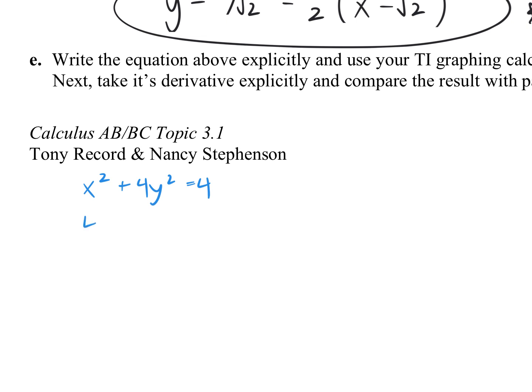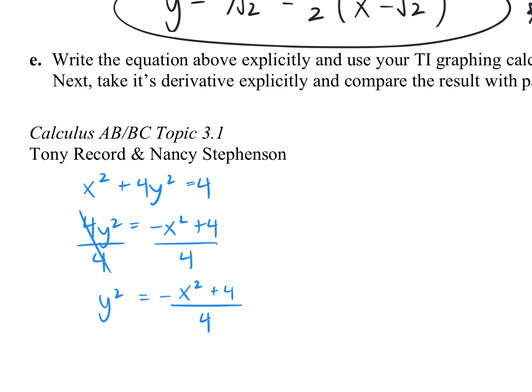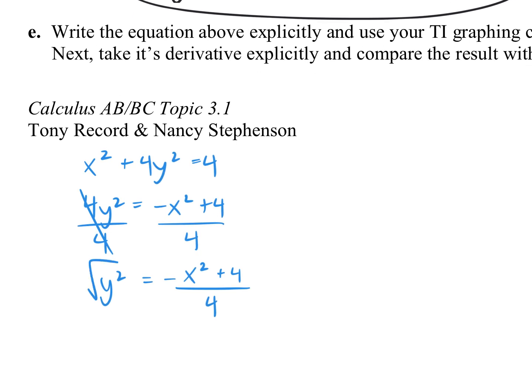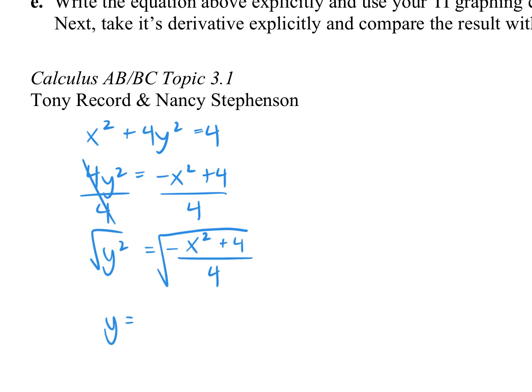So if I solve this for y, I get negative x squared plus 4, I divide by 4, I get y squared equals negative x squared plus 4 over 4. And now if I take the square root of both sides, at this point we would have two answers, right? I have y equals positive and negative square root of the stuff on the inside.